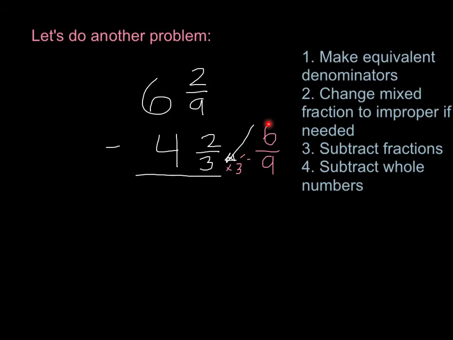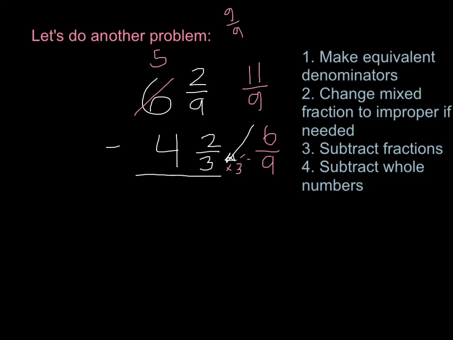So I'm going to go ahead and take one whole number away from the 6, make it a 5, and I'm going to go ahead and add a 9/9 to this existing fraction of 2/9. So your answer would be 11/9 because I'm adding that whole fraction of 9/9.